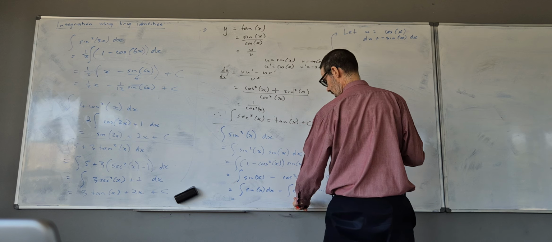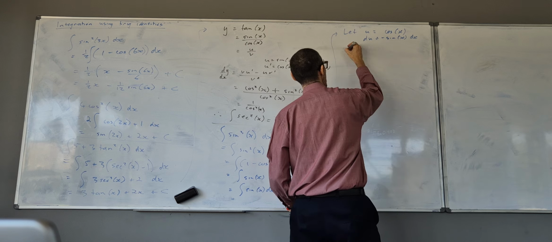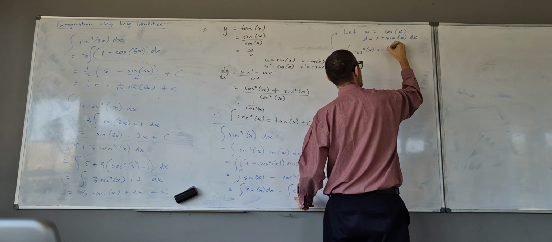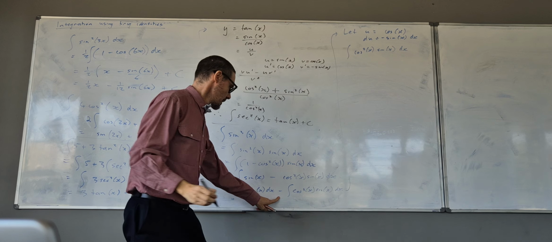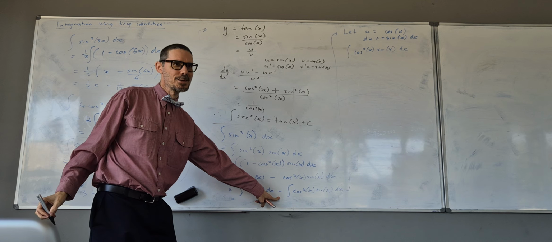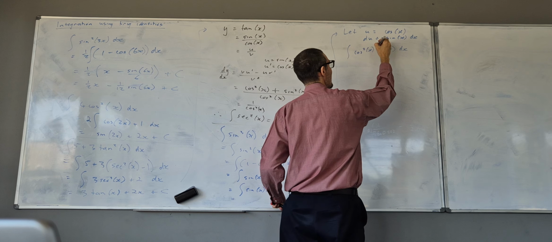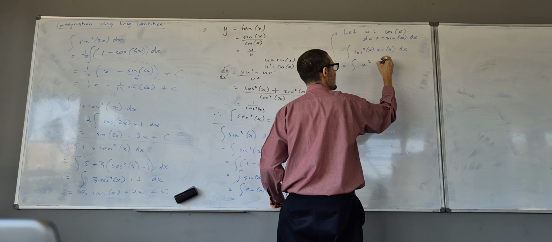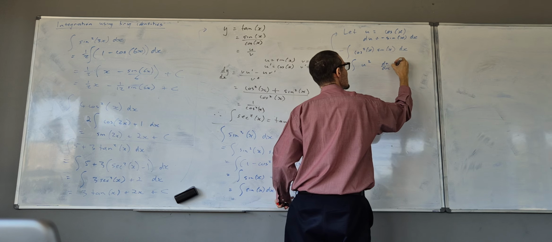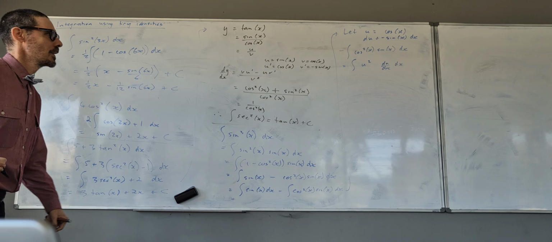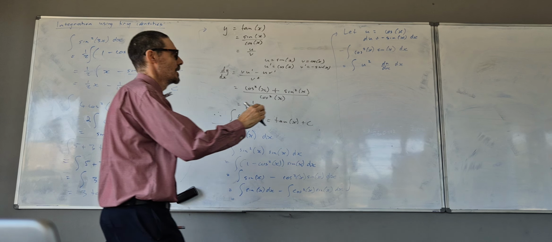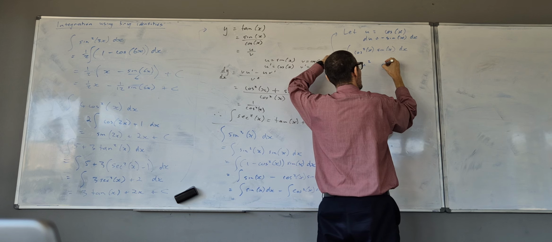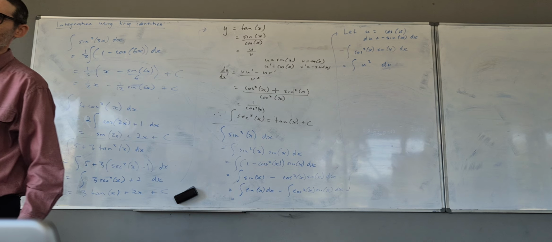I have the integral of cos squared x sine x dx. See this negative sign? We could include it if we wanted to. This is the integral of u squared du. Or if you prefer, sine x dx with a negative sign, I can just write du. It's up to you which way you want to do that.